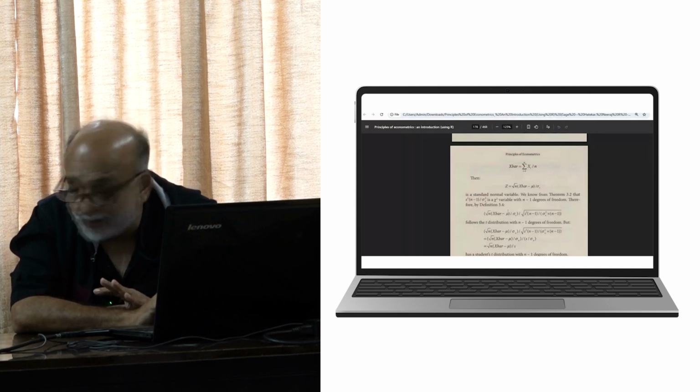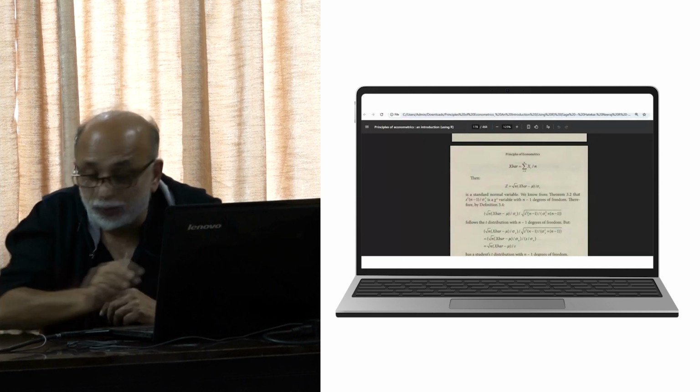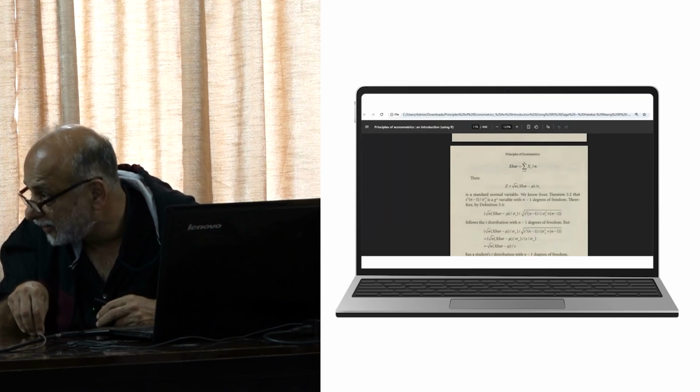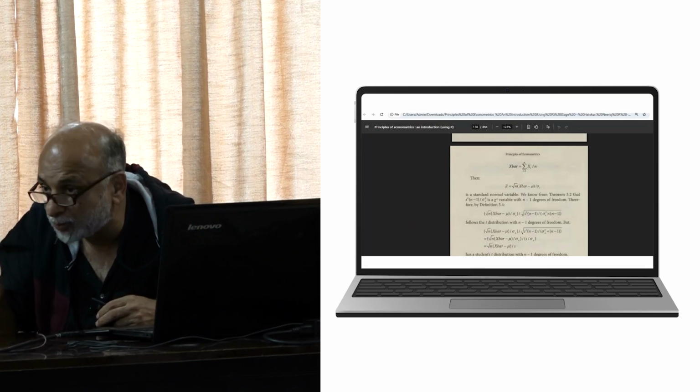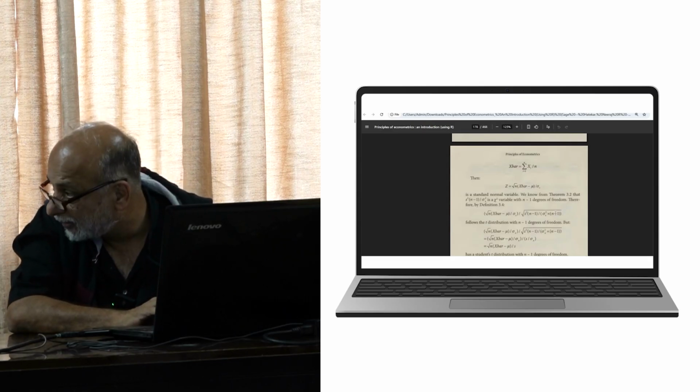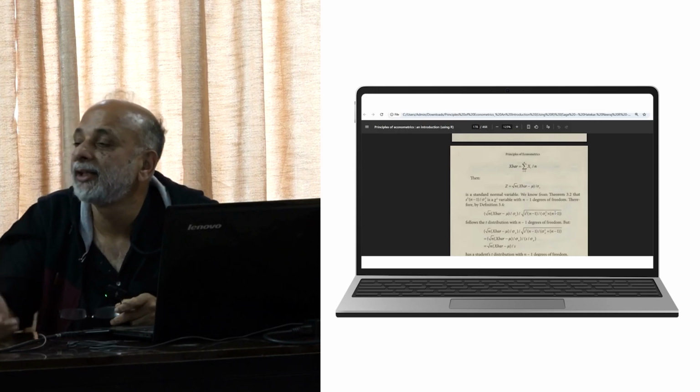The standard normal is this, and S square into n minus 1 by sigma square is a chi-square with n minus 1 degrees of freedom. We are supposed to divide it by n minus 1. What is the definition of chi-square?